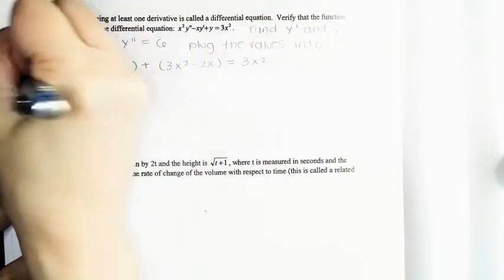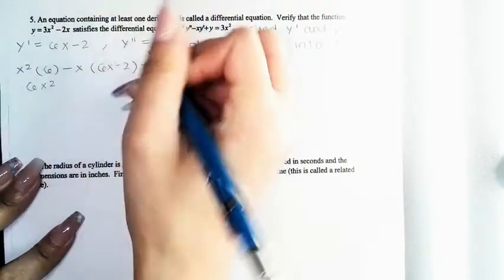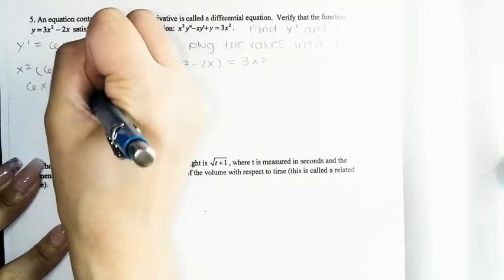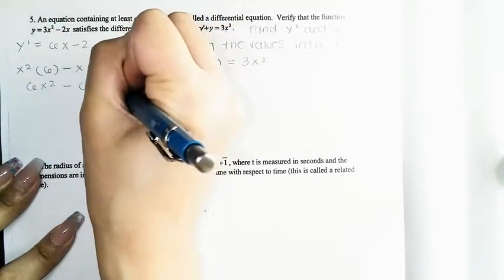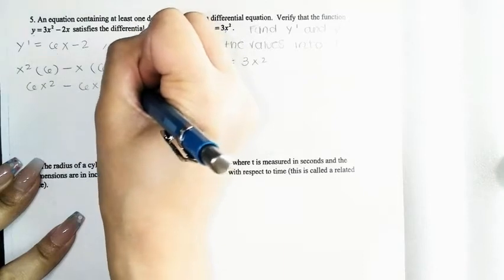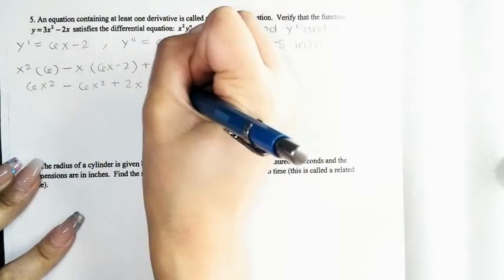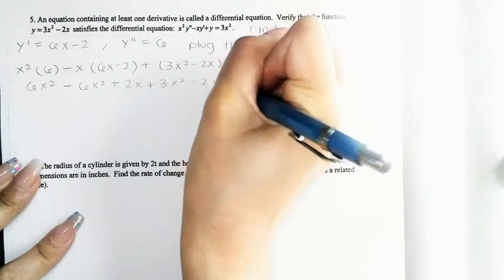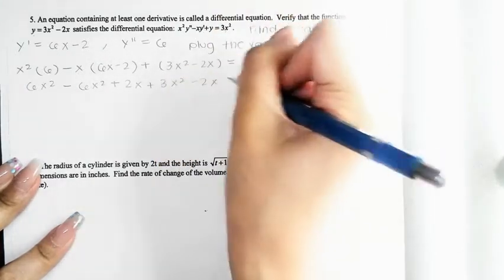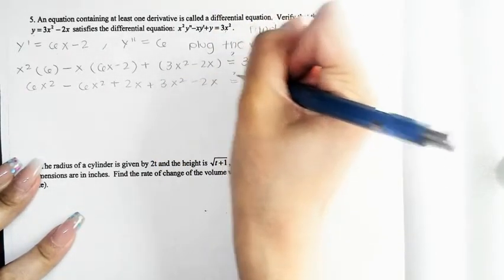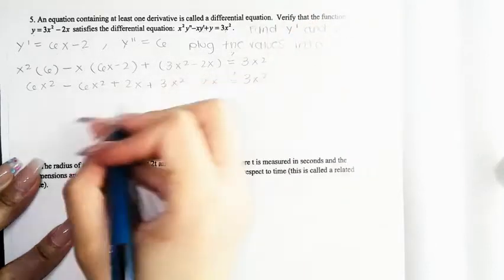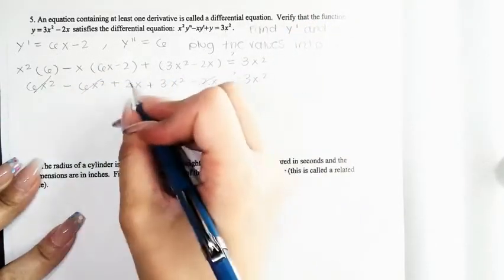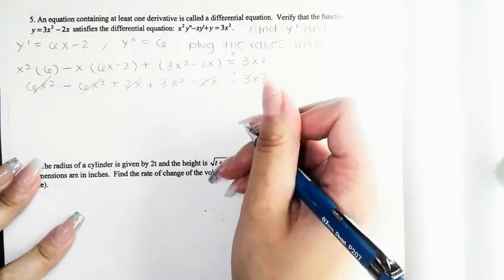Okay, you do your operations, you have that this is 6x squared minus 6x squared because you distribute this one, plus 2x plus 3x squared minus 2x. So what are you going to do? And here is the question mark, right? 3x squared. So you cancel this 2x, you cancel this 2x, and what happens? Boom.